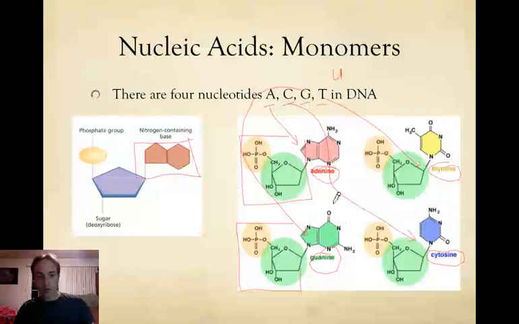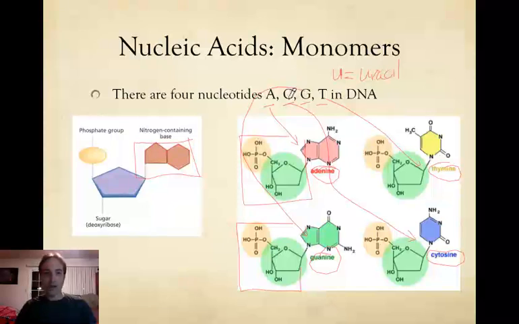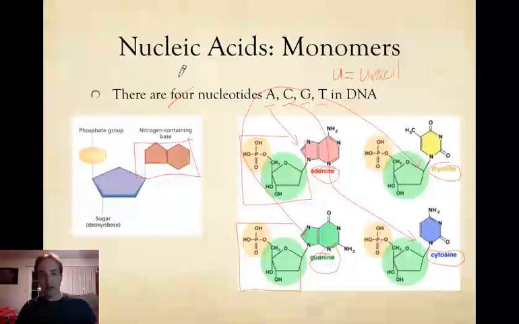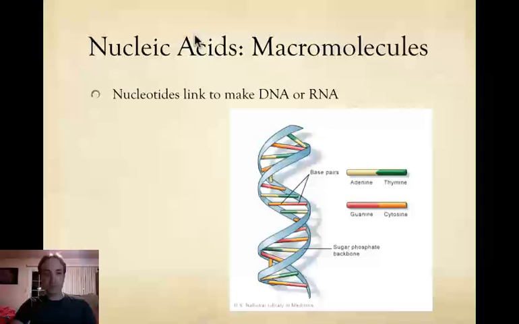So there are differences between the 4 bases, and that's what makes them adenine, thymine, cytosine, or guanine. The 5th one, which I don't have a picture of, U, stands for uracil. Okay, we'll talk a lot about these towards the end of first semester, but for now, just understand there are technically 5 nucleotides, A, C, G, T, and U. Okay, and they are the monomers that build nucleic acids.